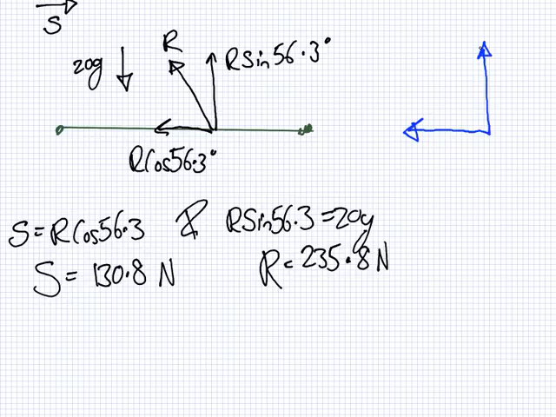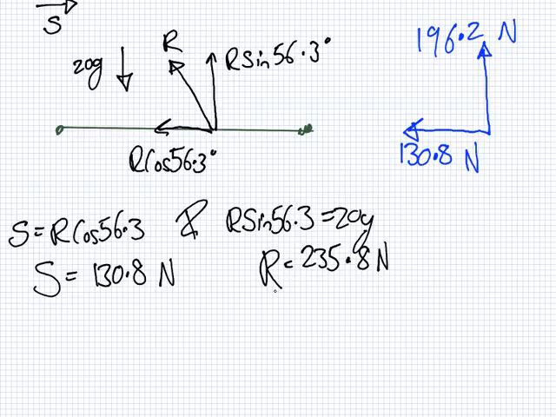Okay, so the first part was to get the angle, which we have now finally done simply by doing this. So I'll just draw the forces. Let's draw the ground again here. Now we know that the force that goes this way has two parts. This one is R cos 56.3, and this one here is R sin 56.3.